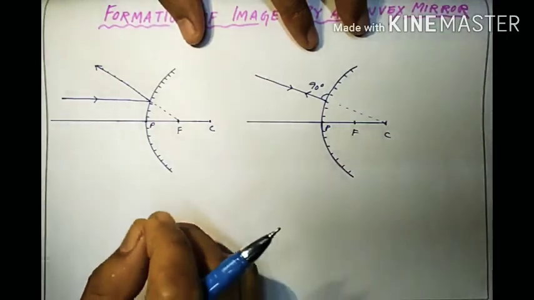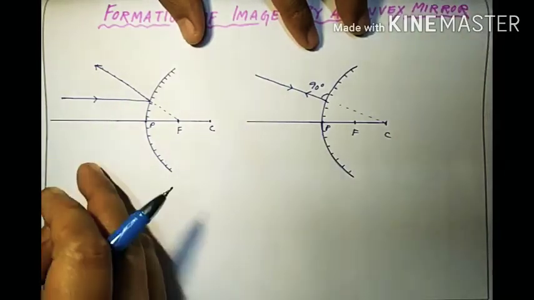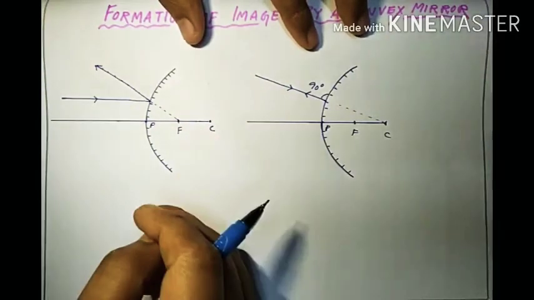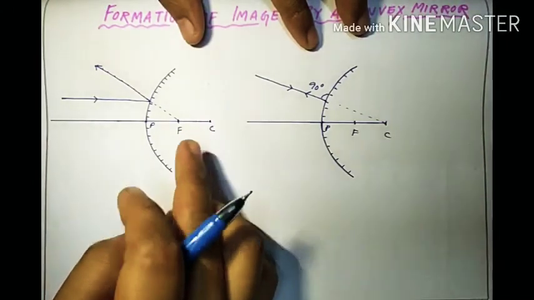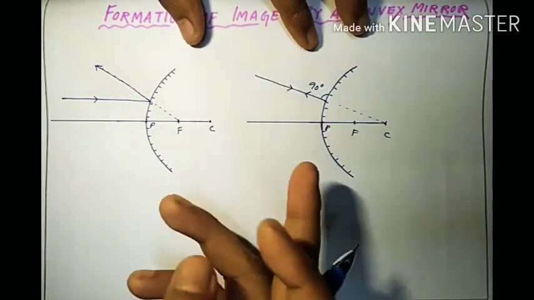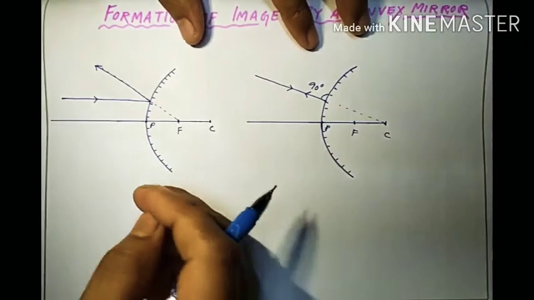But here, on the left hand side, that is in front of the mirror, nothing is there. The focus point is on the right hand side, behind the mirror. The center of curvature is behind the mirror. Then where do we keep our object?